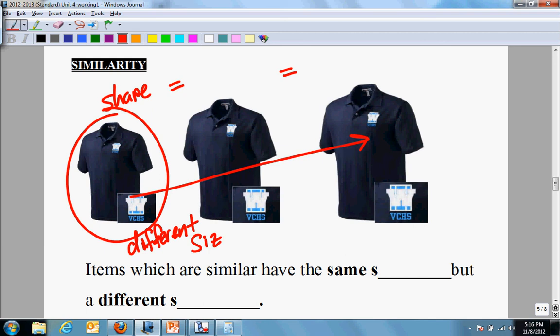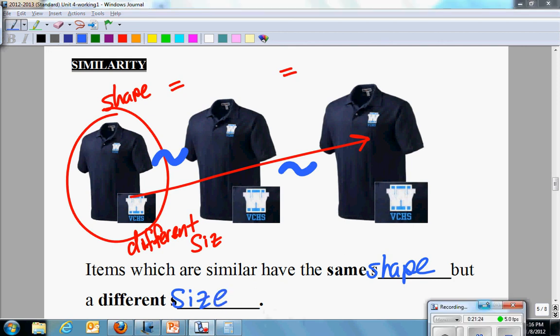That's called similar. They're not exactly the same, they're not exactly congruent, but they are similar. And the symbol we use for similarity is this symbol here. So these Valley t-shirts are similar. Things that have the same shape, but a different size. That's similar.